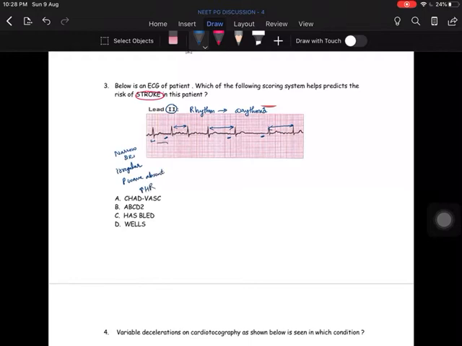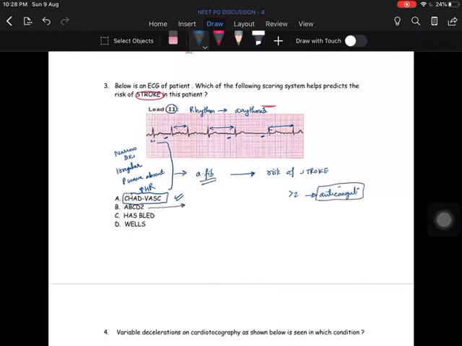This all corresponds to AFib. In patients with AFib, if you want to know the risk of stroke, which score do you have? Yes, we have the CHADS-VASc score, which is for AFib, and a score of more than 2 requires anticoagulation. That is the fundamental of the score.